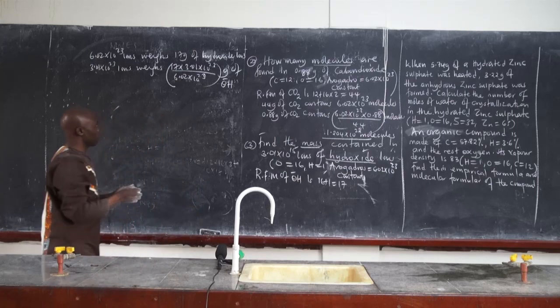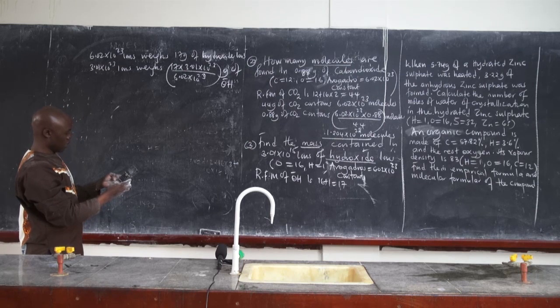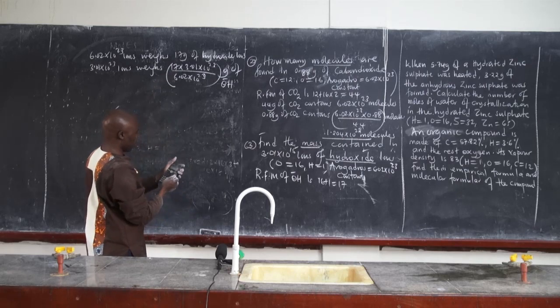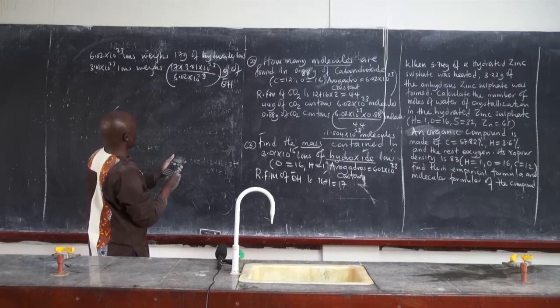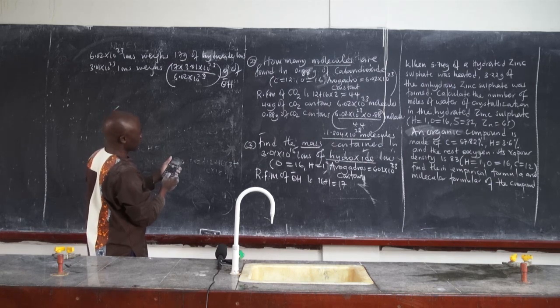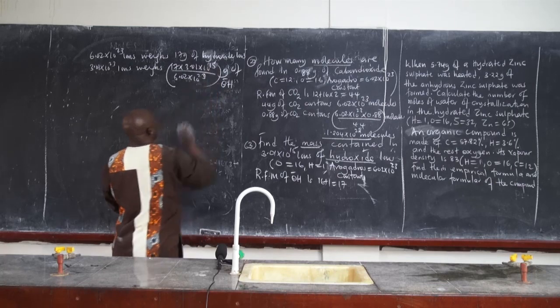So let's punch in that value. That will be 17 times 3.01 exponent 23. Always, when there are many terms, keep them in brackets. So we are dividing by 6.02 exponent 23. This is 15, sorry, this is 15.